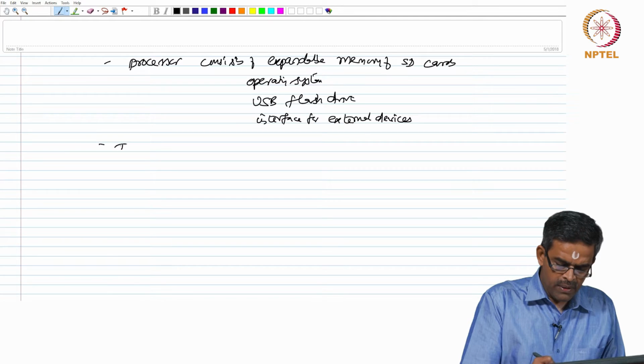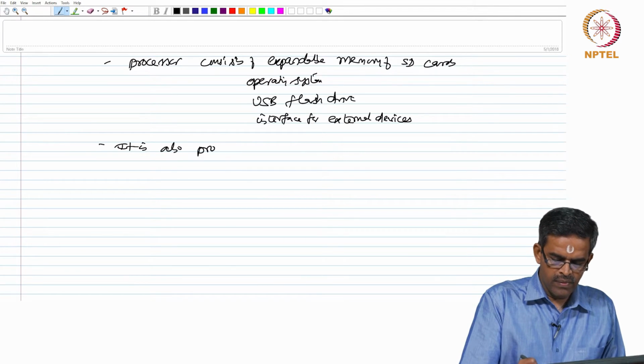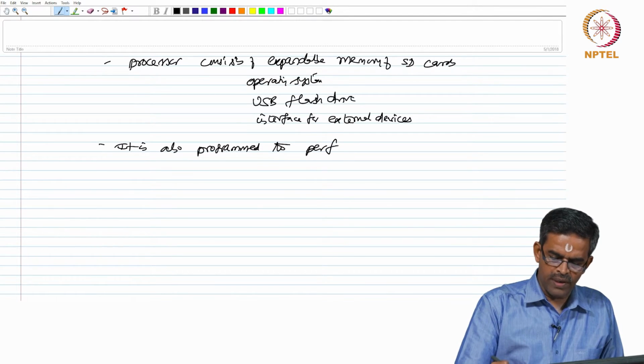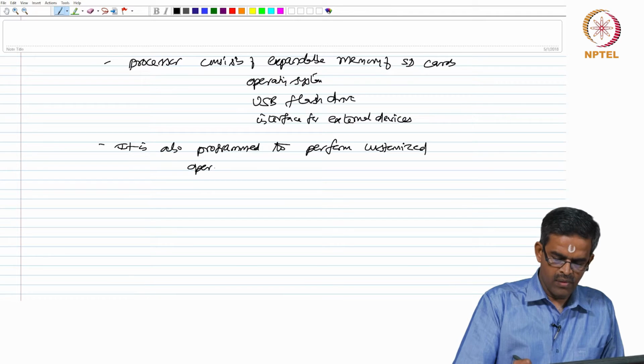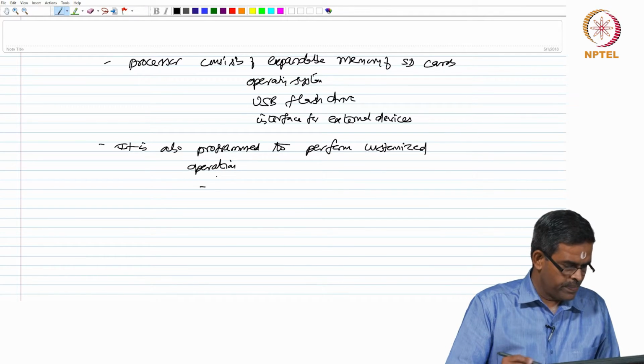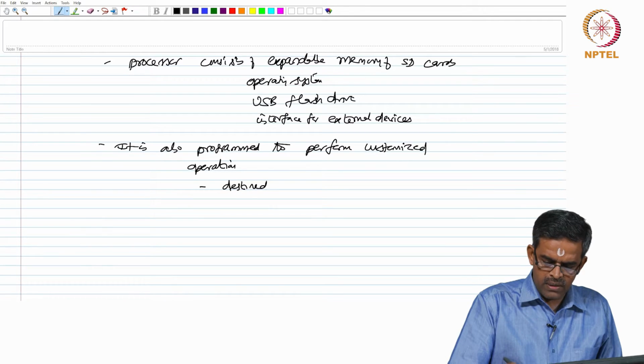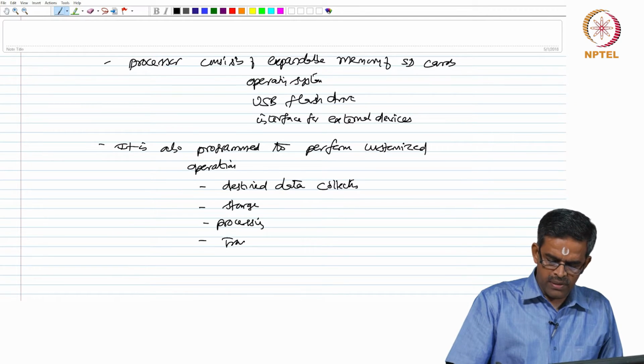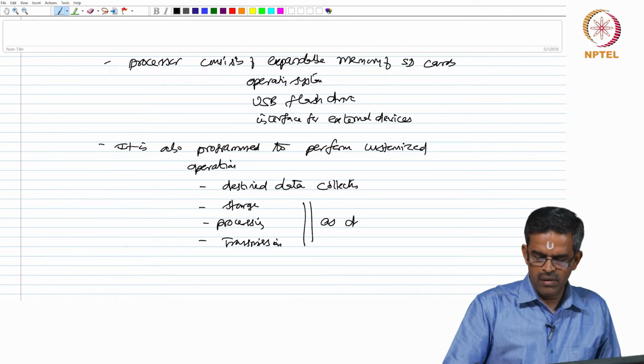It is also programmed to perform customized operations like destined data collection, storage, processing and transmission as demanded by the SHM system.